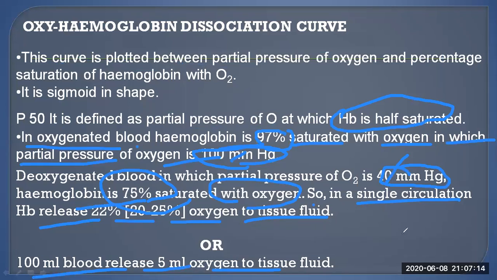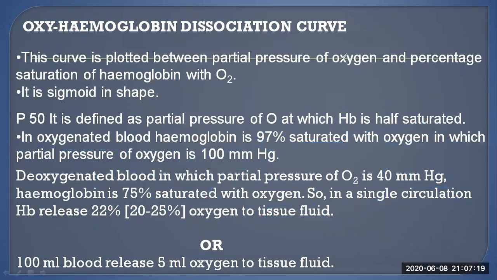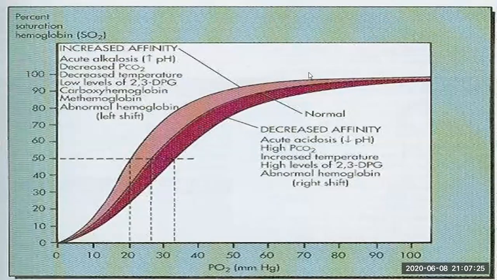Now we will see the different factors affecting hemoglobin. This graph represents the binding affinity with oxygen molecules.